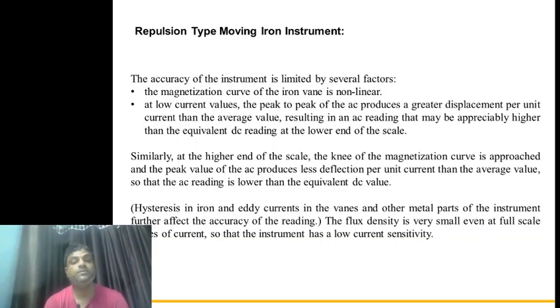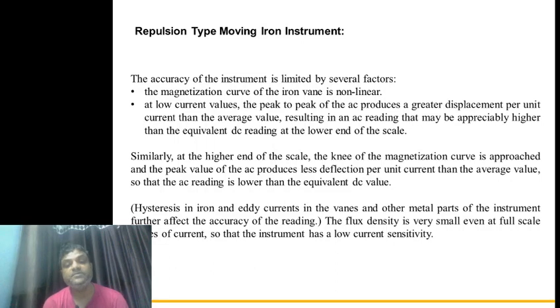That is also a problem. This results in an AC reading that may be appreciably higher than the equivalent DC reading at the lower end of the scale.